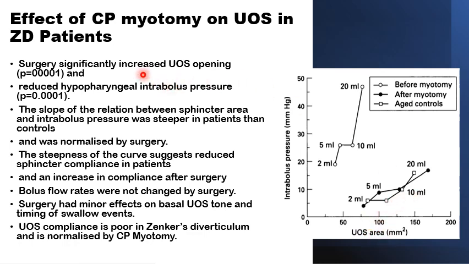Surgery would significantly increase the opening of the upper esophageal sphincter and reduce the hypopharyngeal intrabolus pressure as well. The steep slope in here would be normalized after surgery, and the increased compliance of the sphincter would allow a much wider opening with a much lower pressure than required previous to surgery.